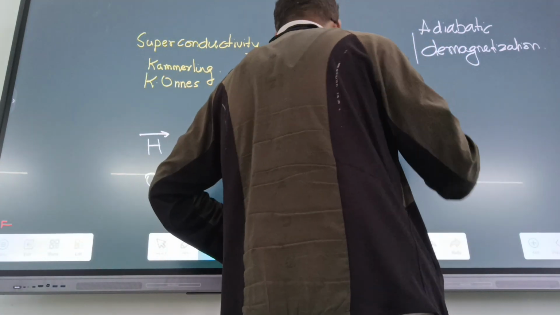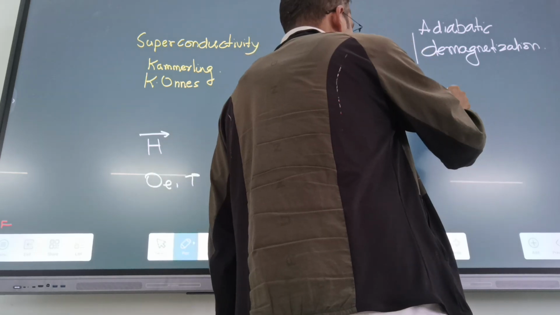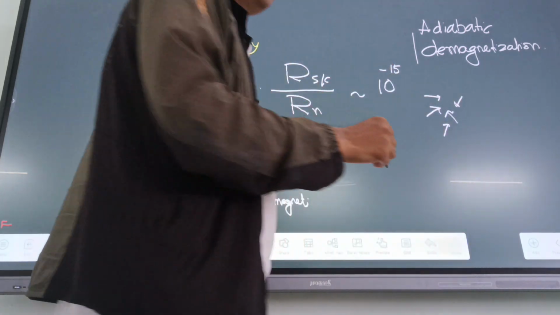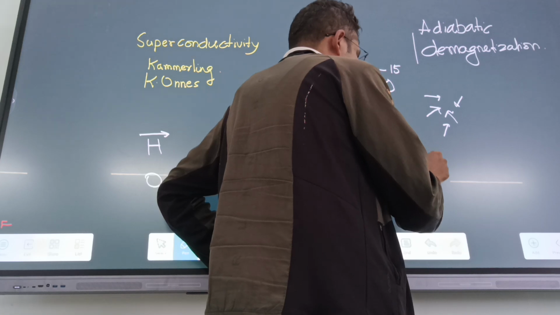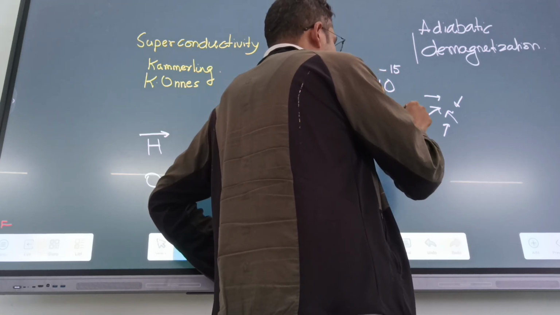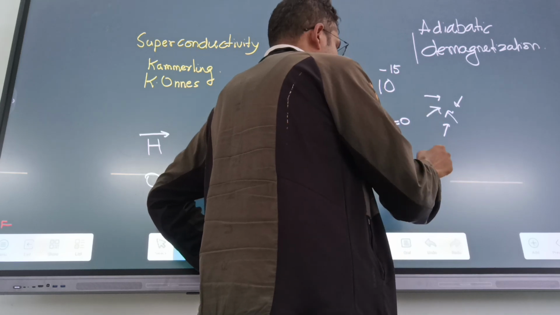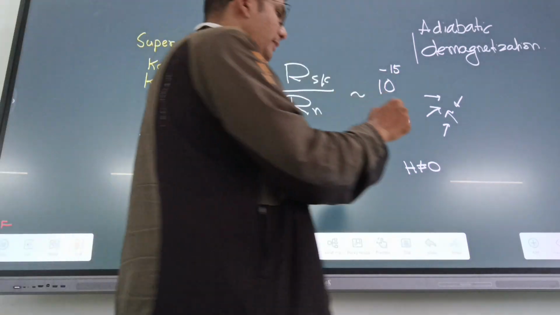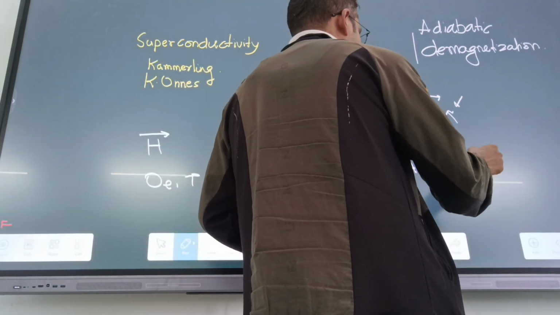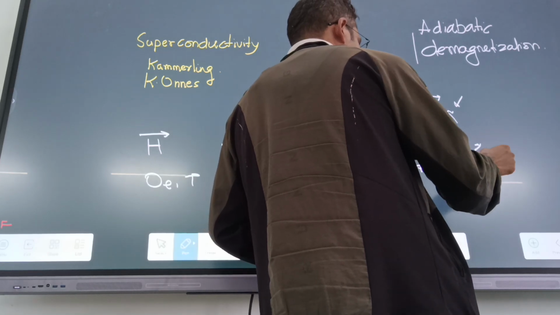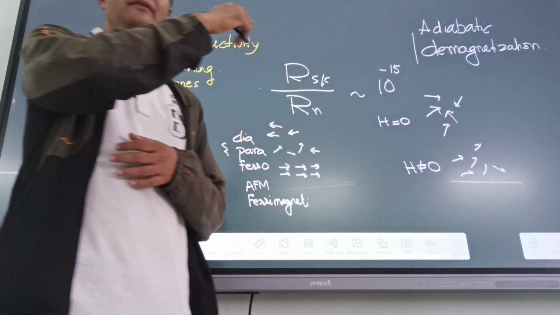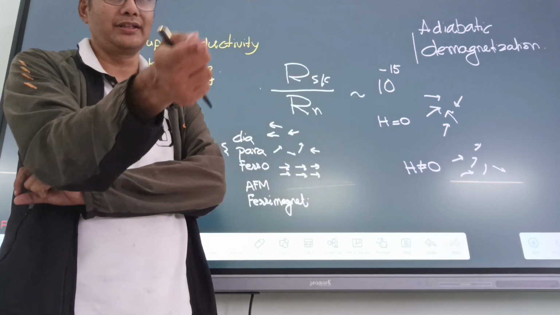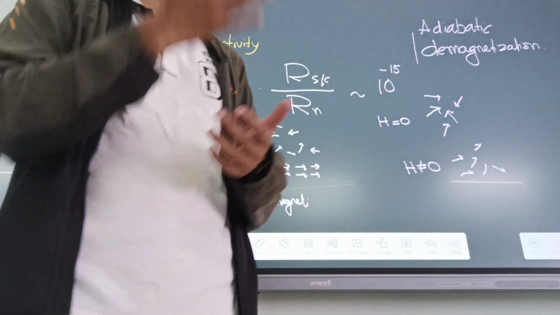So the magnetic poles were initially randomly oriented. Initially there was no magnetic field, H was equal to 0. Now there is some magnetic field. Suppose not all, but some of them have been aligned in this direction. Few of them. So in which case do you think it is more ordered, the previous case or the second case? It is the second case, because here the magnetic poles are ordered.